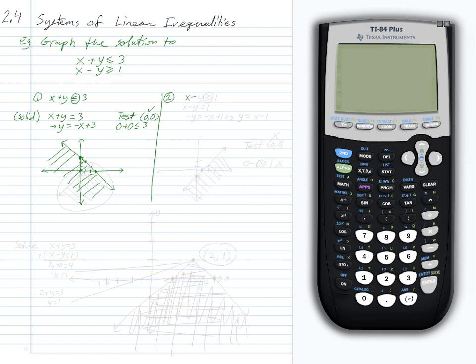So x minus y greater than or equal to 1. First I'll graph the line x minus y equals 1. And if I solve for y, negative y equals negative x plus 1. If I multiply both sides of this equation by a negative value, I'll get y equals x minus 1.